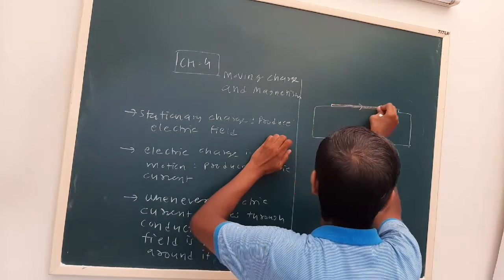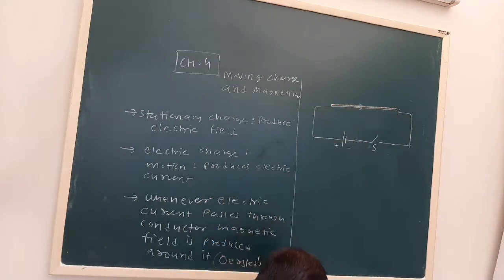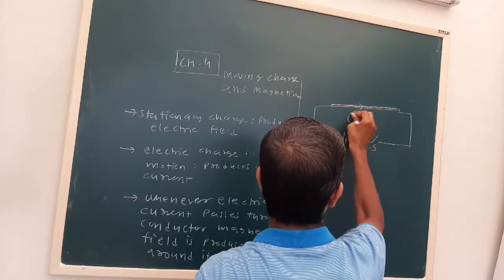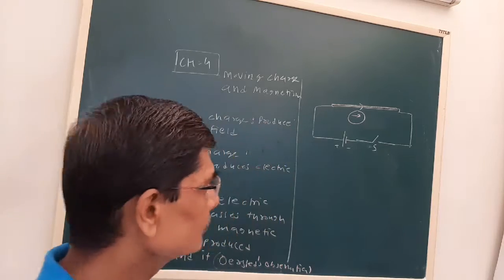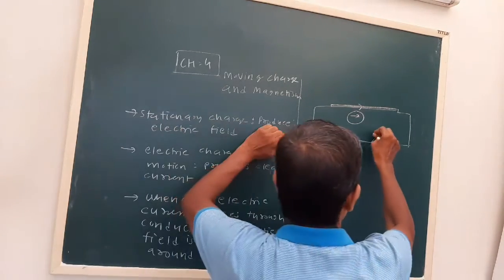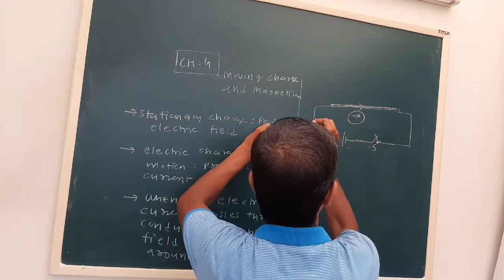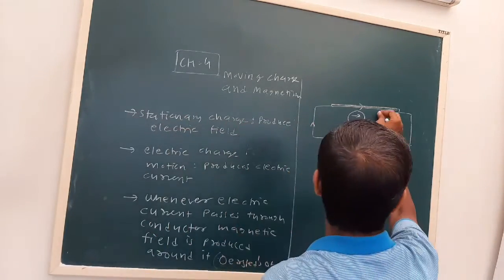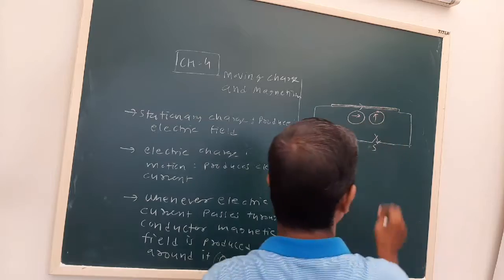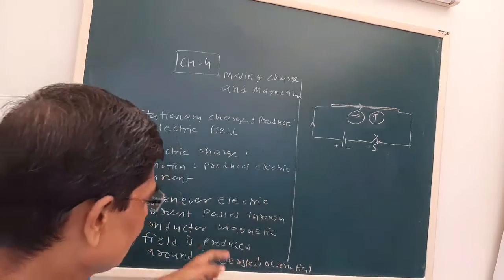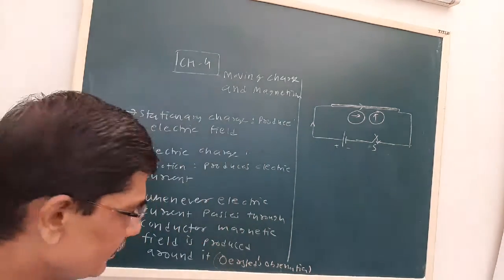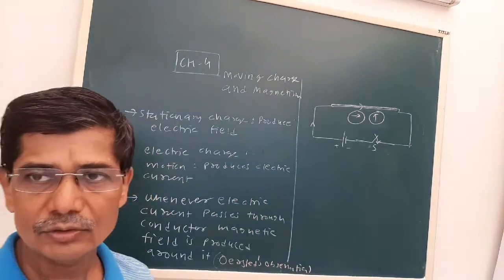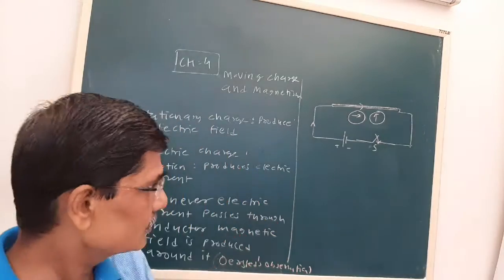Now we place a magnetic needle nearby it. When the switch is closed, current flows through the conductor. In that case, the needle shows deflection. This was suggested by Oersted, that whenever current passes through a conductor, a magnetic field is produced around it.